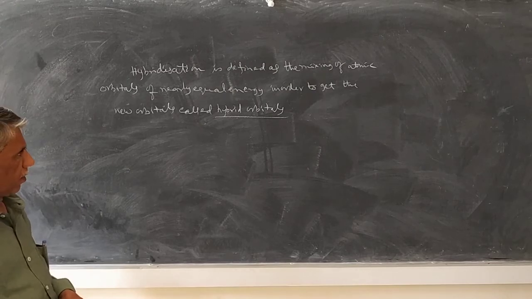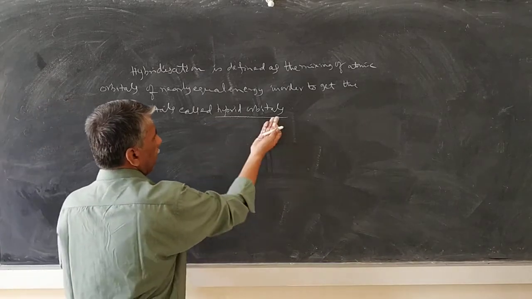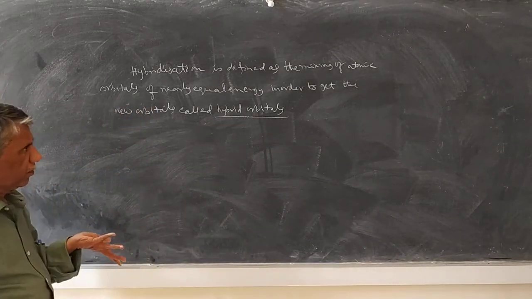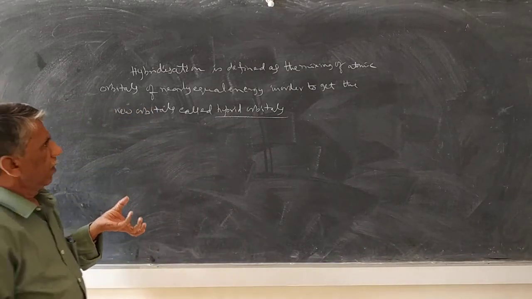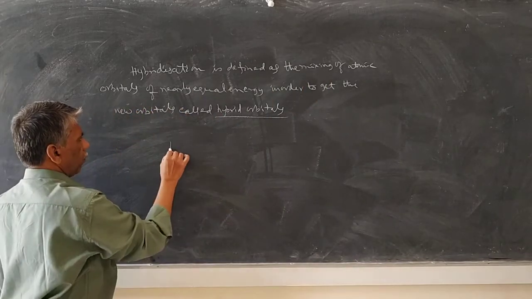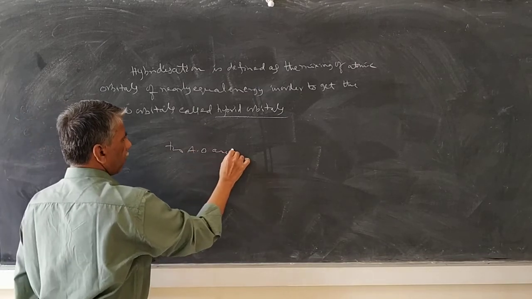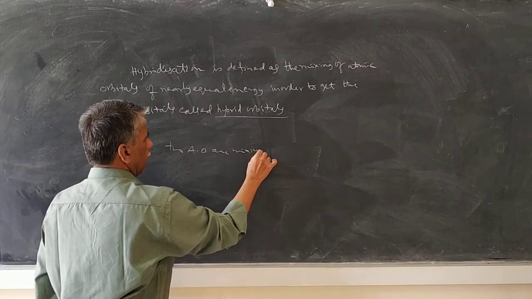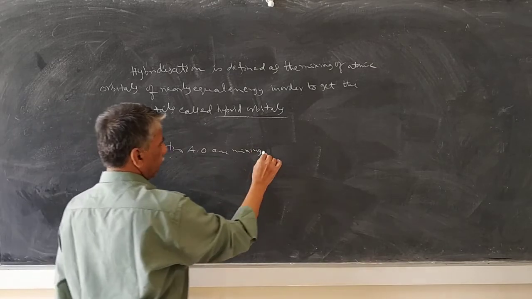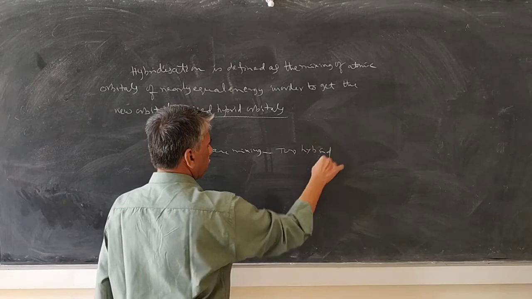So how many hybrid orbitals you get depends upon how many atomic orbitals are mixing. If two atomic orbitals are mixing, you get two hybrid orbitals.